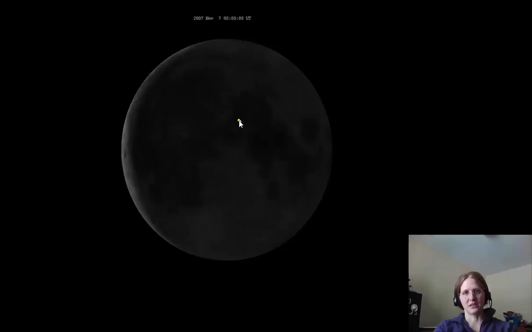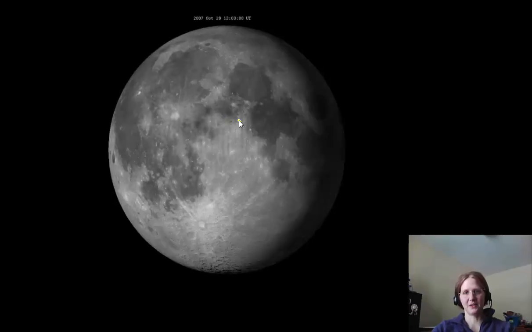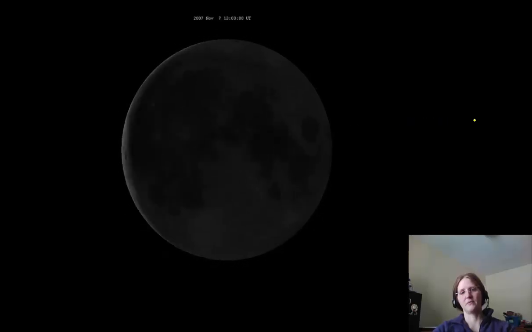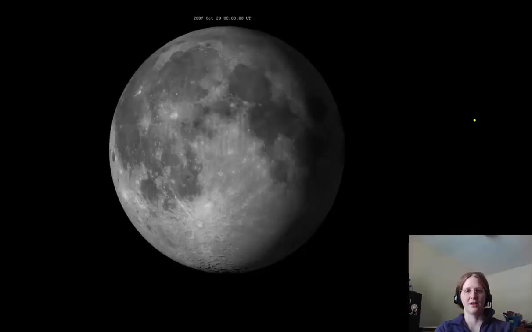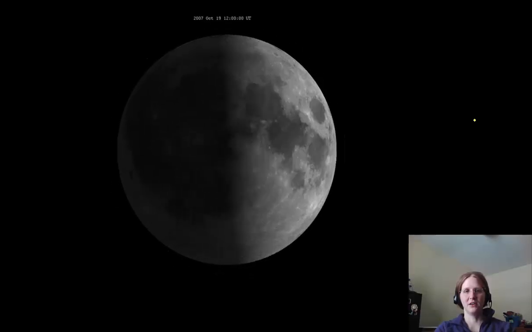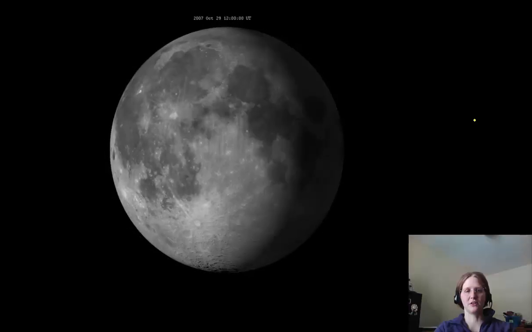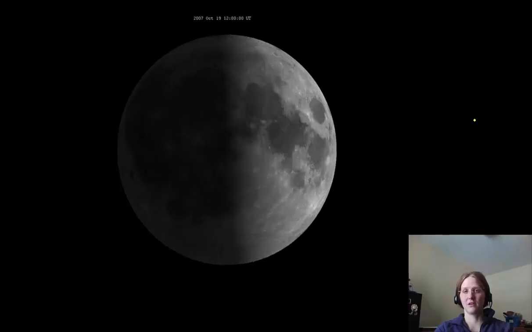Let's close with this. Oops, let me get my marker out of the moon. Remember how we were talking about annular eclipses for the sun? Sometimes the moon is a little bit closer to the Earth. Sometimes the moon is a little bit further away from the Earth.